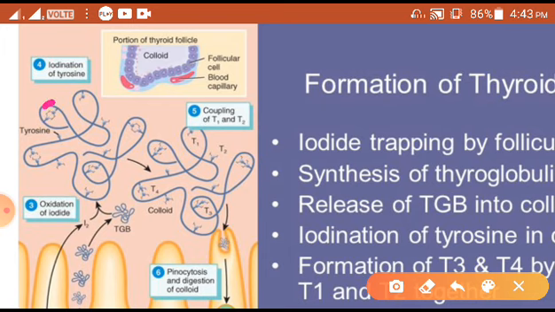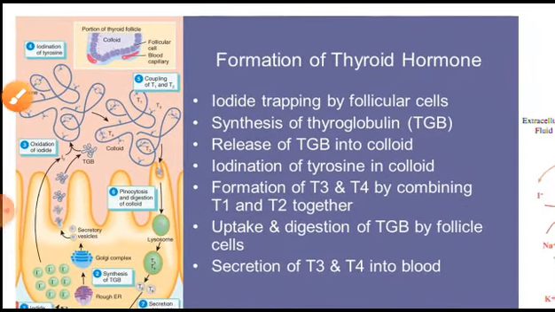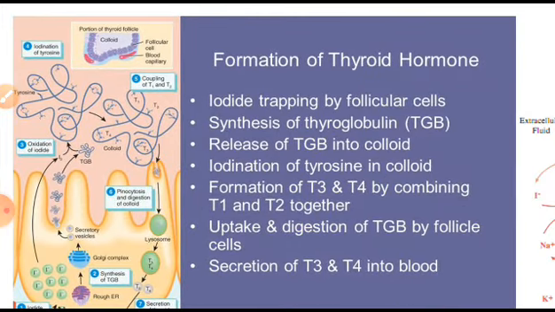The tyrosine attaches with the iodine on the thyroglobulin, and this becomes iodinated thyroglobulin, and this iodinated thyroglobulin further goes into the follicular cells by the apical portion, okay. So you have seen iodine trapping, the synthesis of thyroglobulin, the release of thyroglobulin into colloid, and the iodination of tyrosine in colloid.